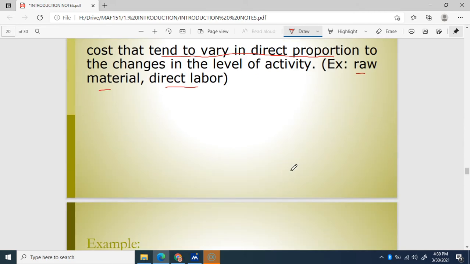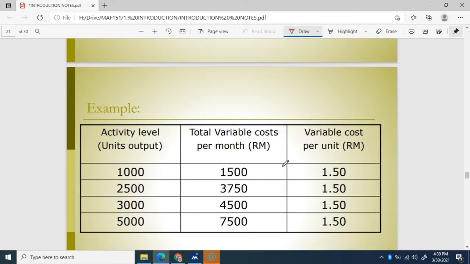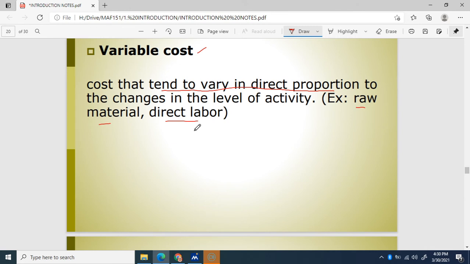For example, raw material: just now we gave the example of books. Paper is the raw material. For one book you need 1 ream of paper. The cost of paper is 10 ringgit. If you have 2 books, the cost of 2 reams of paper will be 20 ringgit.